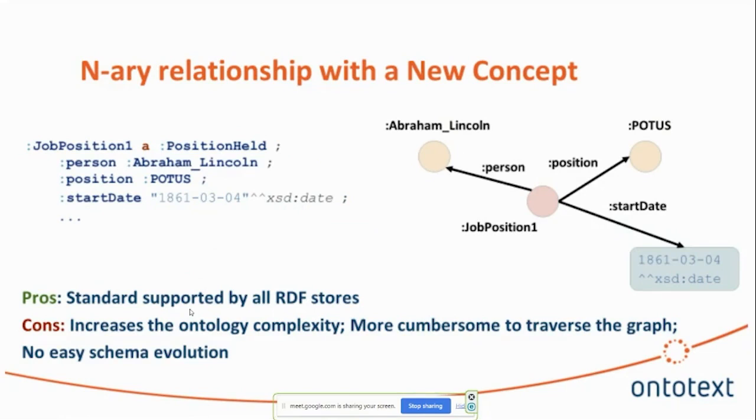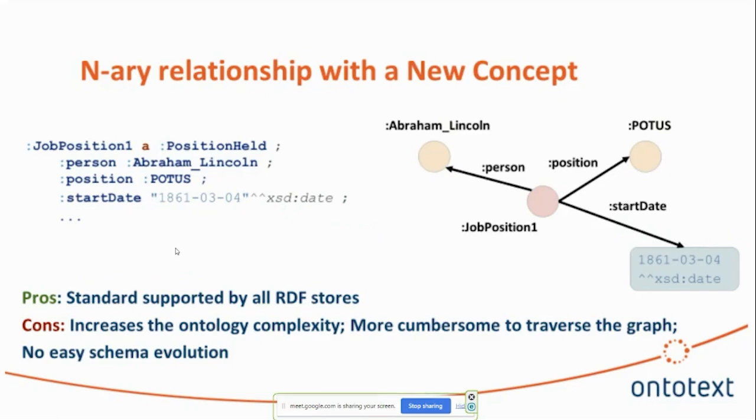The other approach is really to have a special new object that you define to model this particular type of information. We introduce a new object, job position one, which is of class position held, and then we model as different properties the different attributes which are important for this particular category of information, like the person, position held, and the start and end date, and so on.